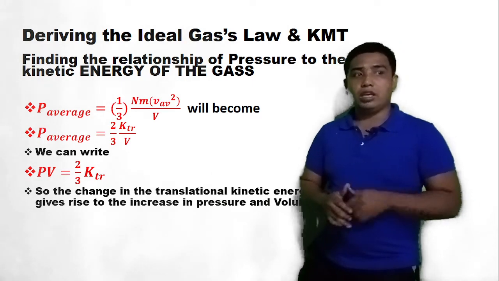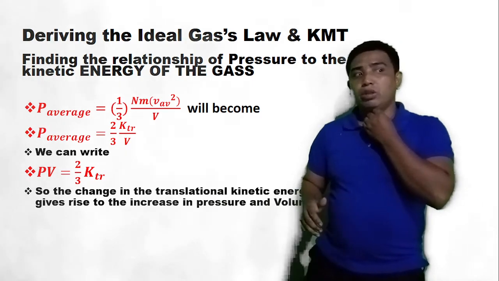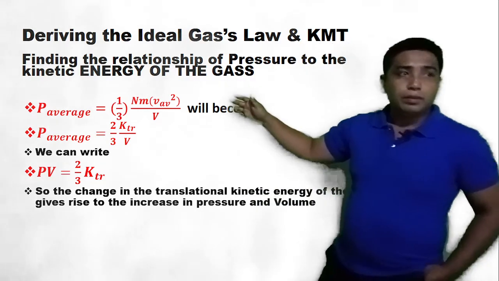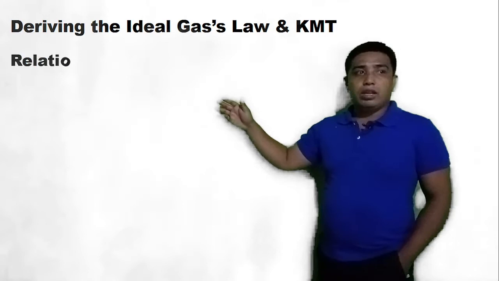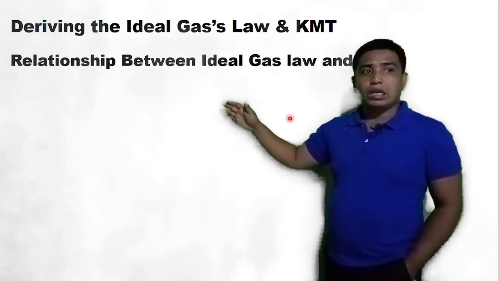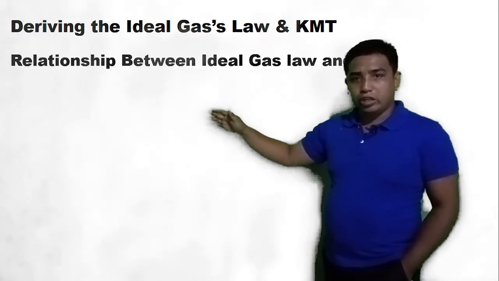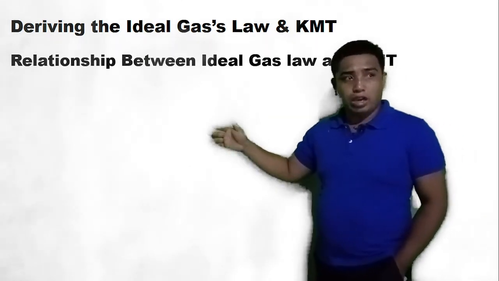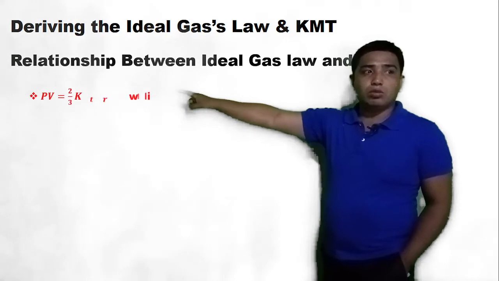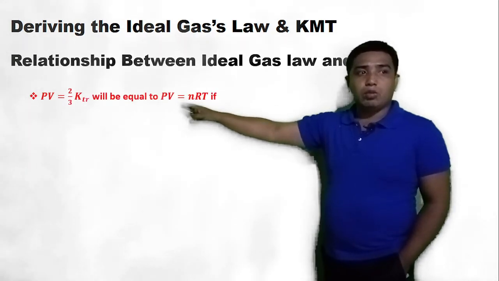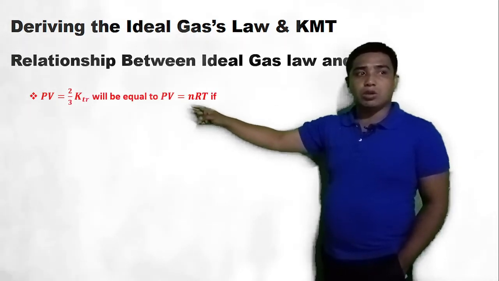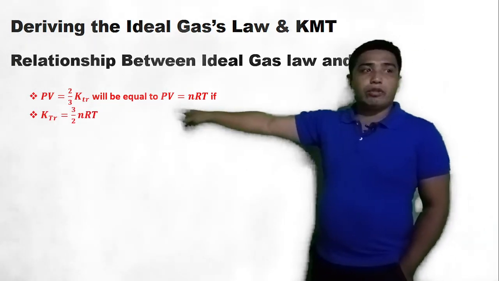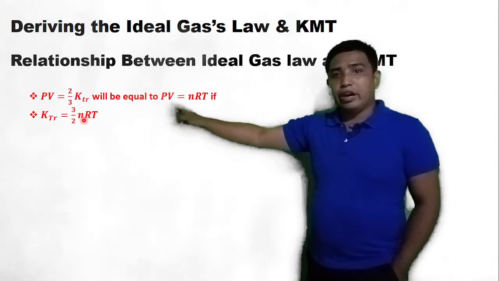So meaning to say, if we increase the energy, there will be an increase in pressure and temperature. This equation will be related to the ideal gas law, or the ideal gas law will be related to the kinetic molecular theory, if and only if this equation PV equal to 2/3 KTR will be equal to PV equals nRT, in such a way that KTR is equivalent to 3/2 nRT.